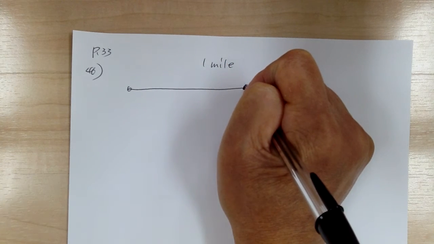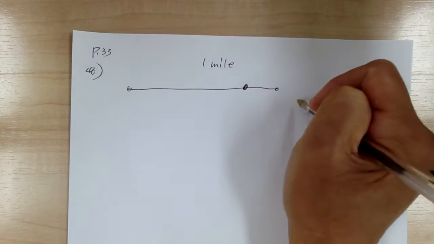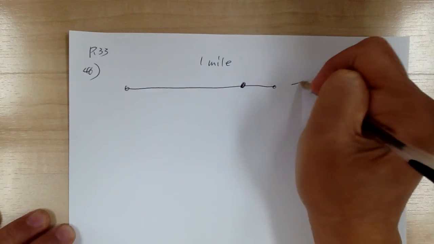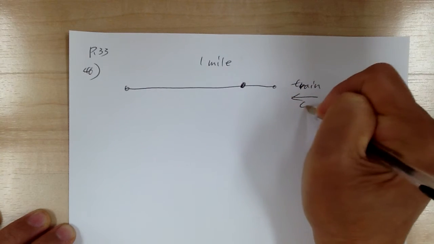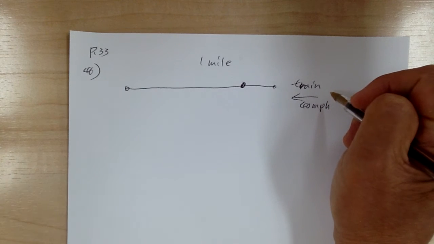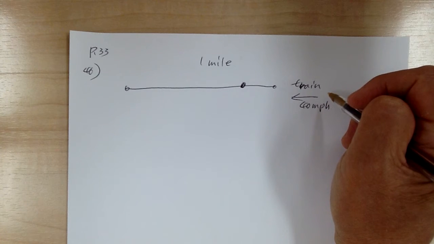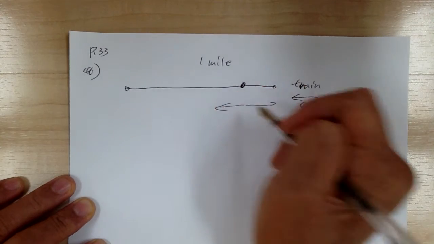When a train approaches the close end at 40 miles per hour, the riders take off at the same speed in opposite directions. So one going this way, one going this way.